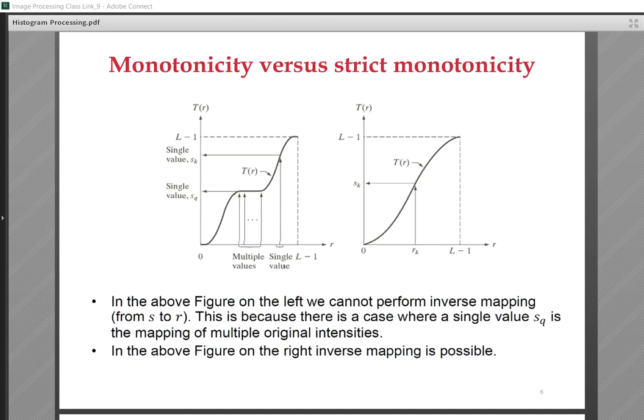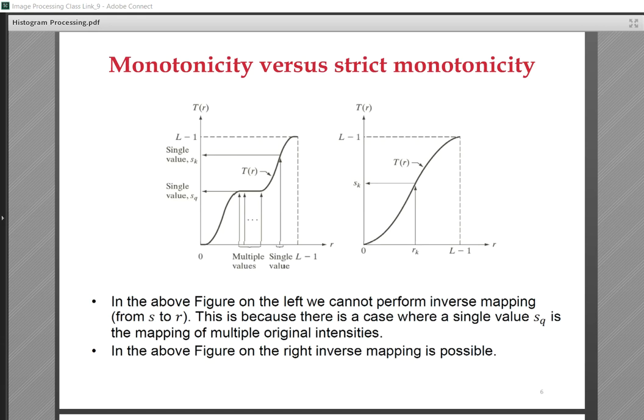before continuing, you see the next slide. For example, this is strictly monotonically increasing, and this is monotonically increasing. Okay, by this function or by this transform, this is the r axis, the original gray levels or intensities, and this is the s axis, the resultant gray levels or intensities.